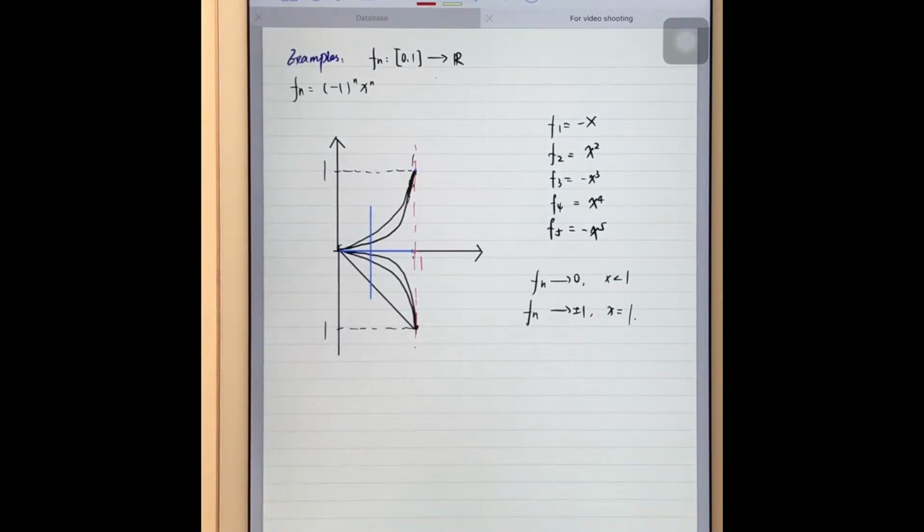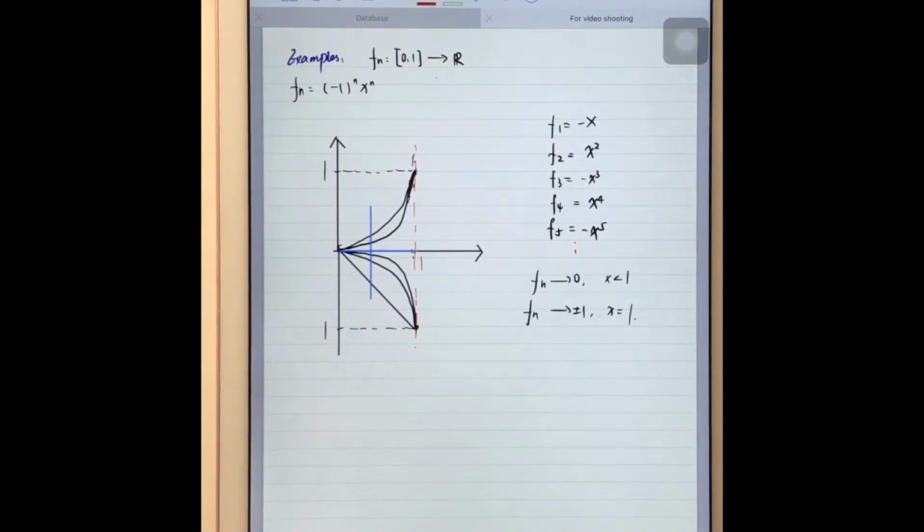Given such functions, honestly, I don't have any clue whether it is pointwise convergence or uniform convergence. So the first thing I did is draw some pictures. Suppose n is equal to 1, f1 is equal to -x, f2 is equal to x squared, and f3, f4, f5, and so on. You can draw even more, but I think 5 functions are enough for us to find something.